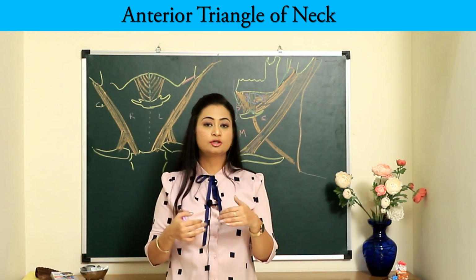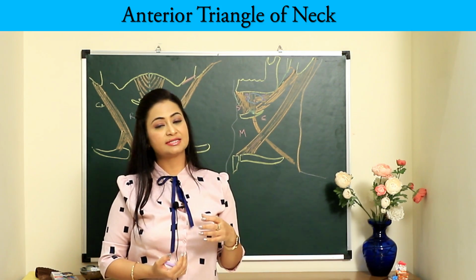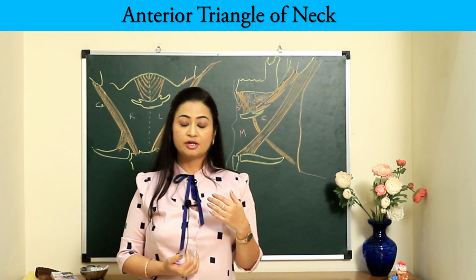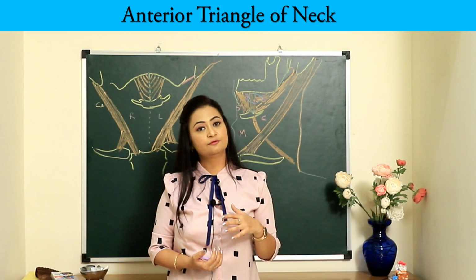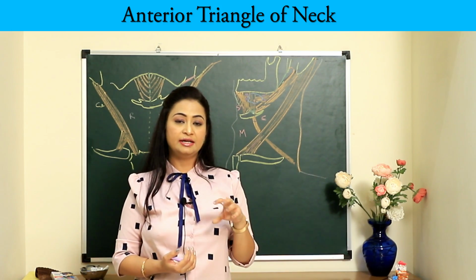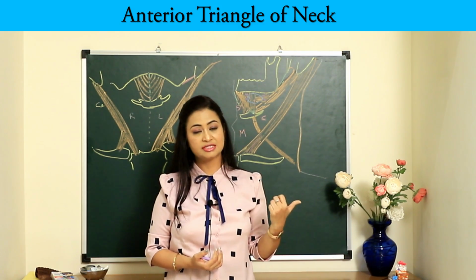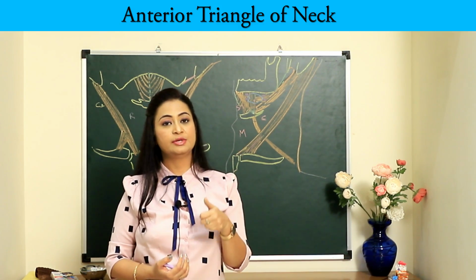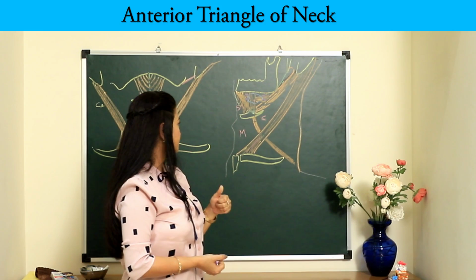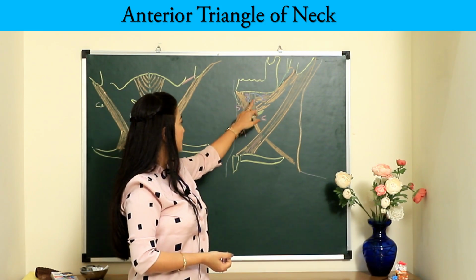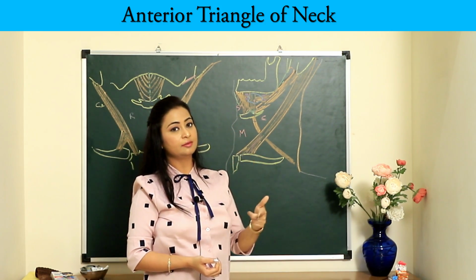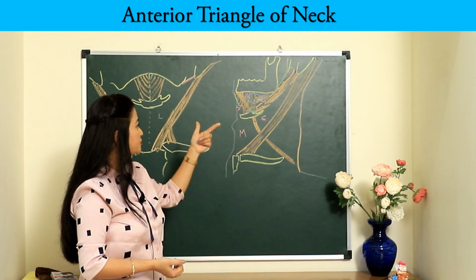So a whole lot of areas are drained by the submandibular lymph nodes, and hence any infection in this part of the head and neck will lead to a painful swelling of these nodes and will manifest as inflammation and pain, right?